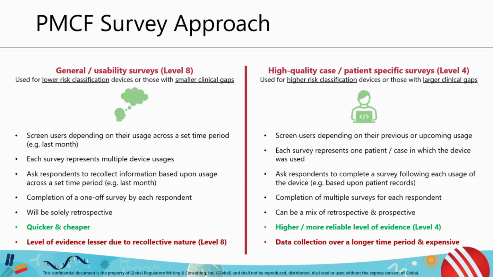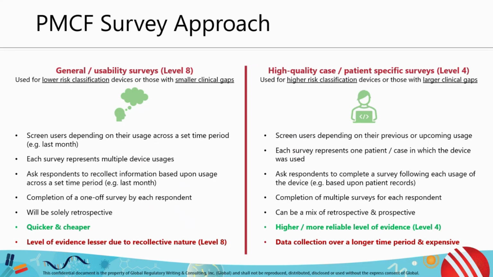So looking at both of these different survey approaches, we've got the general usability surveys on the left-hand side. As mentioned, these are used for much lower risk devices or those with smaller clinical gaps. Whereas the high quality case specific surveys, level 4, are used for much higher risk devices or those that have larger clinical gaps.